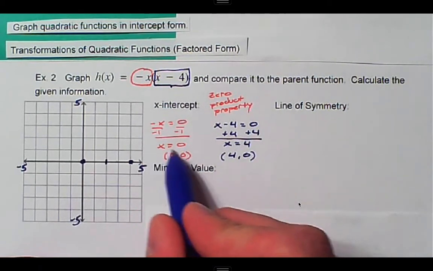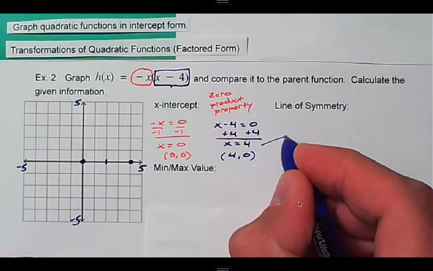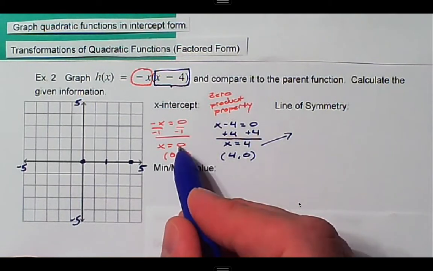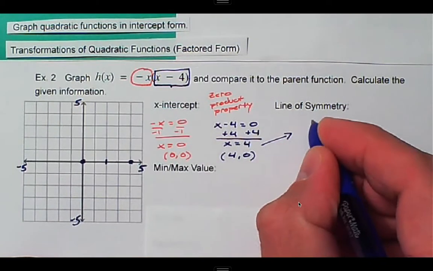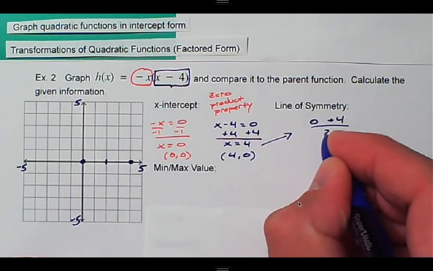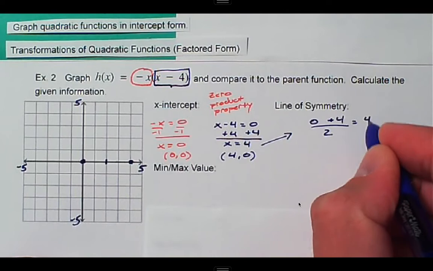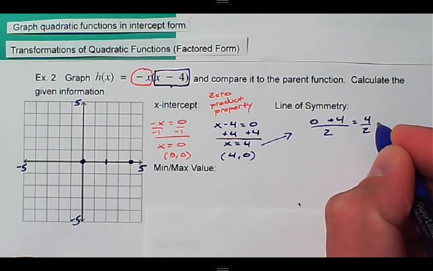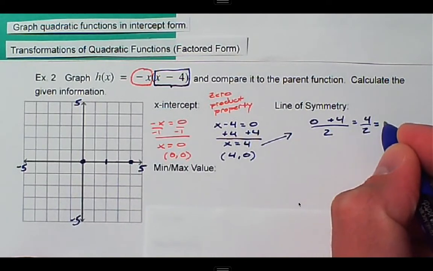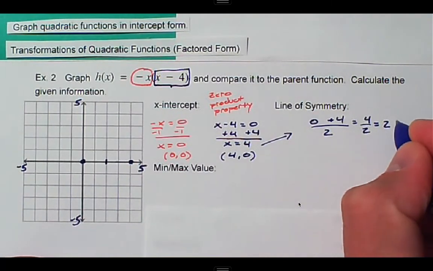Or we can calculate it from the two values that we found. We know one x is 0. We know another x is 4. So 0 plus 4 is equal to 4, divided by 2. So in this case, our line of symmetry is at x equals 2.